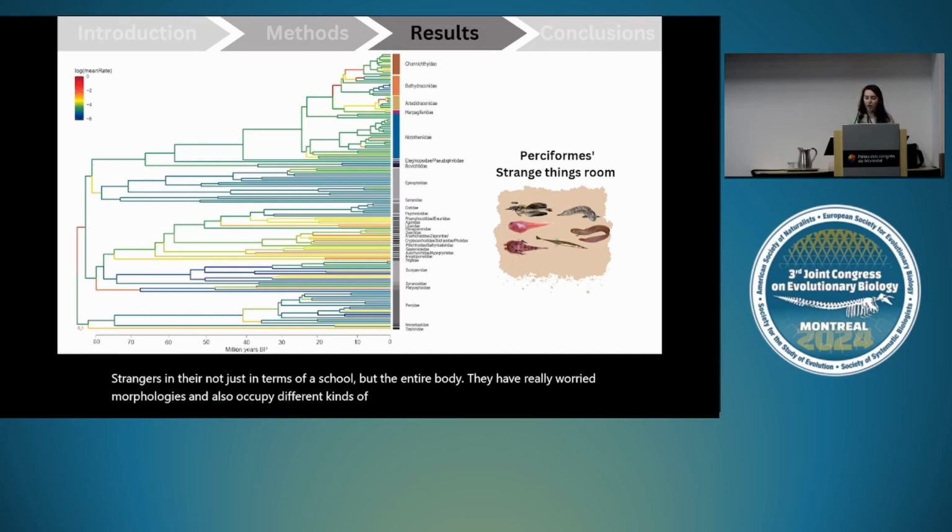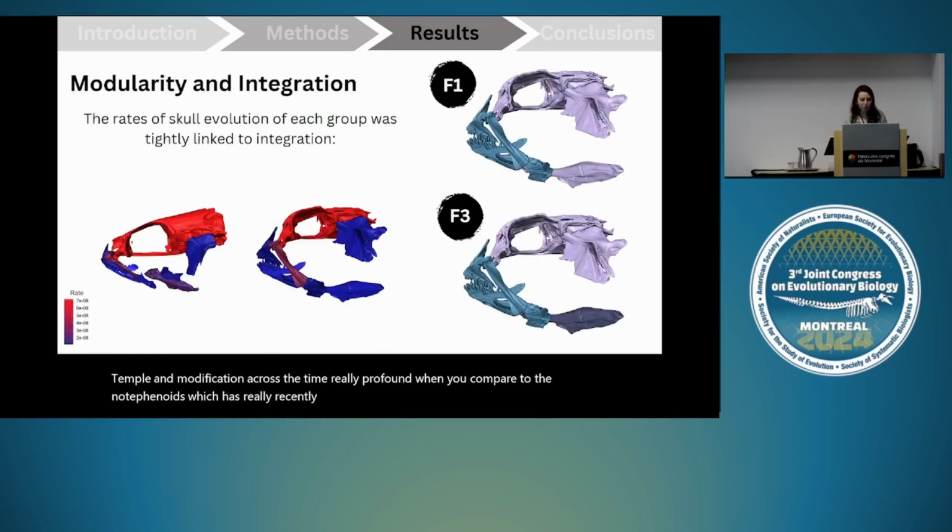The difference here is that they have a continuous and fast rate across time. So, in opposition to notothenioids, they have a long evolutionary history. This is a combination of tempo and modification across time, really profound when you compare it to the notothenioids, which had a really recent adaptive radiation.